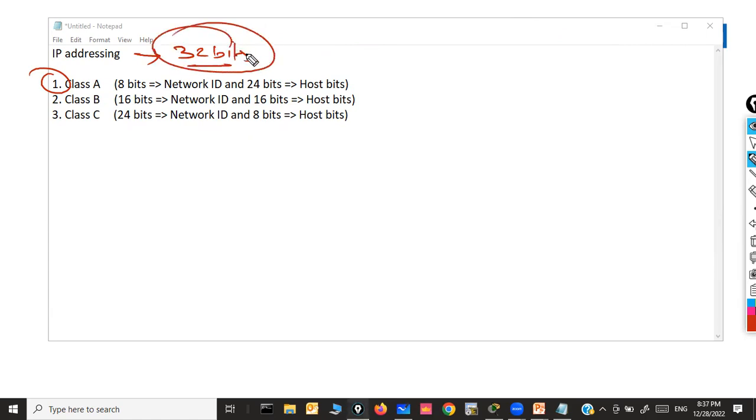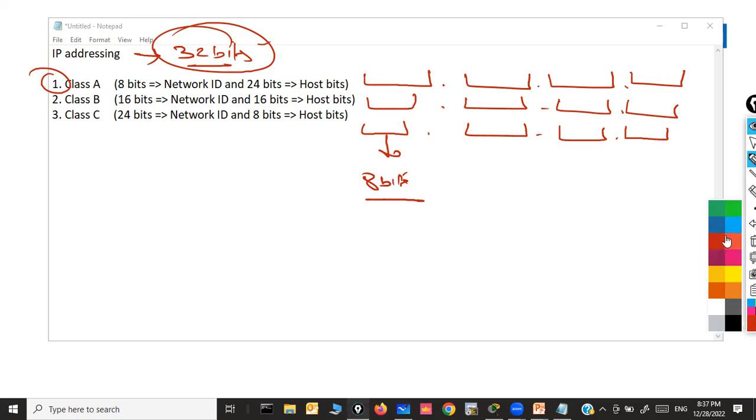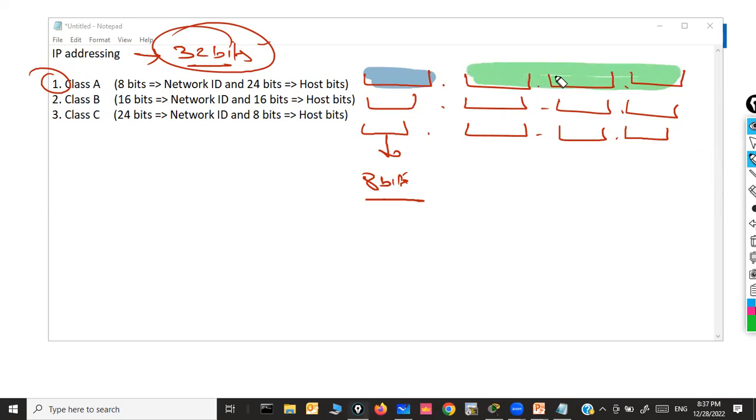An IP address means only 32 bits, and there is a segregation of those 32 bits. There are 4 octets only, irrespective of the class, total 32 bits. One octet means 8 bits in binary. In a class A network, the first octet is the network portion and the rest 3 are the host ID, so 24 bits host ID.